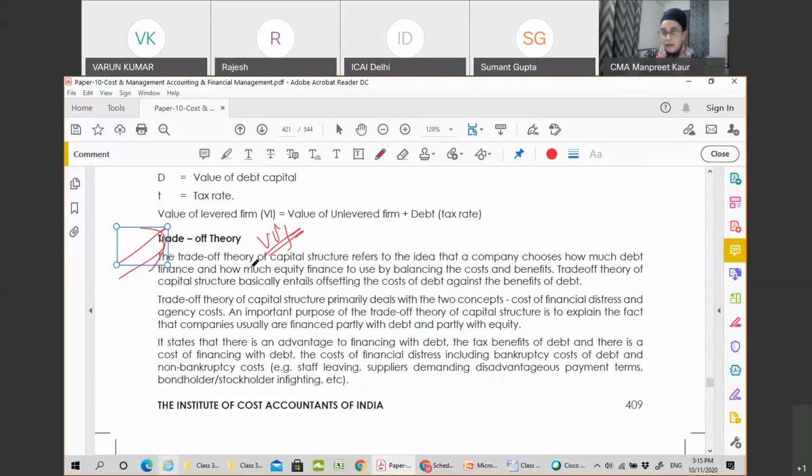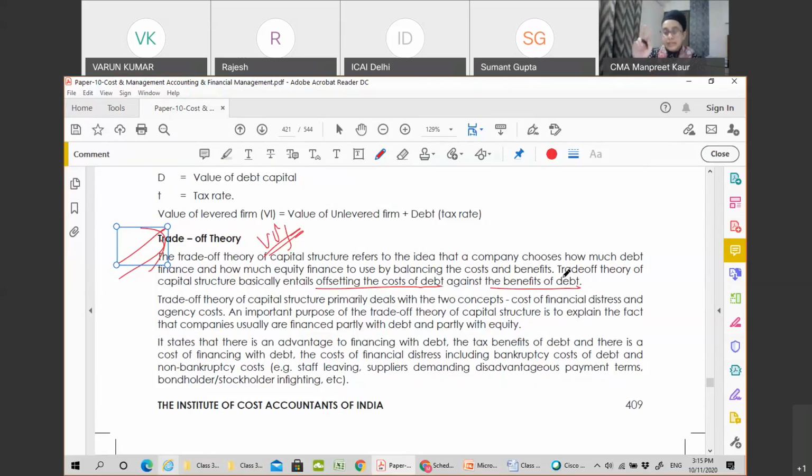refers to the idea company chooses how much debt to use and how much equity to use so that the cost and benefits analysis is balanced. Trade-off theory basically entails offsetting the cost of debt against the benefits of the debt.